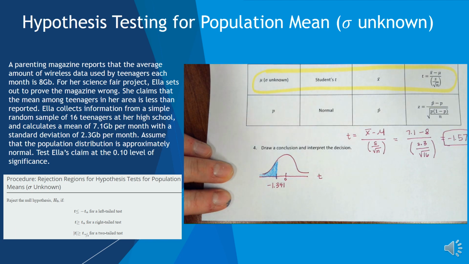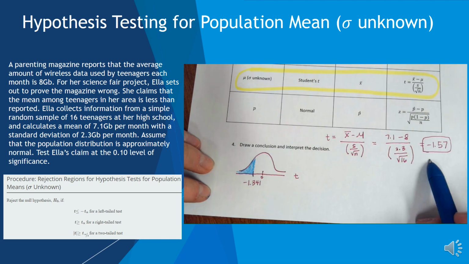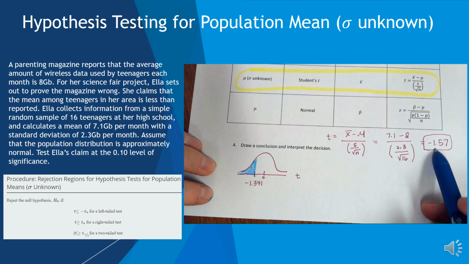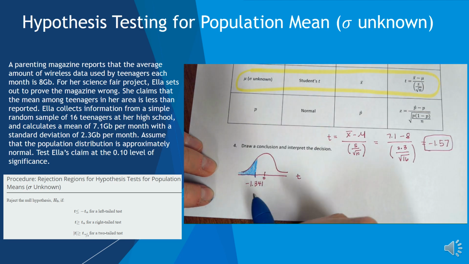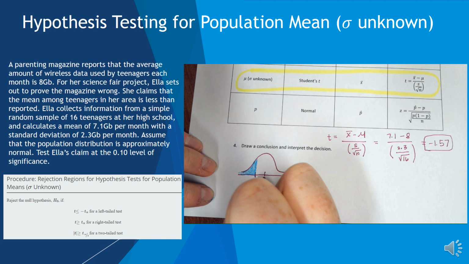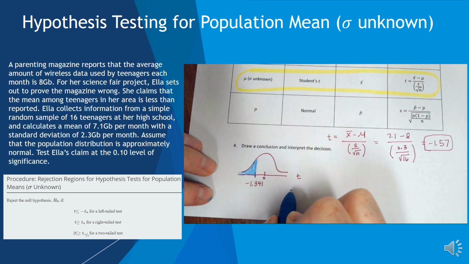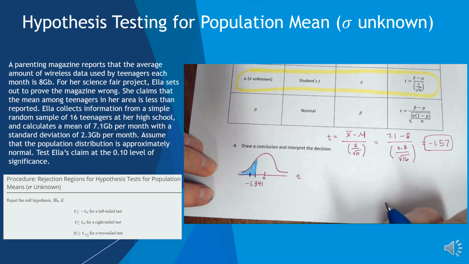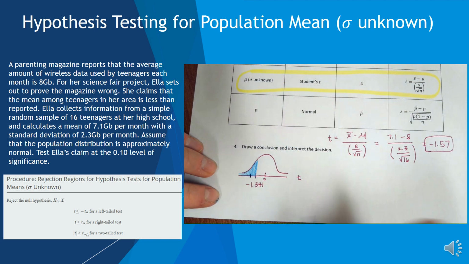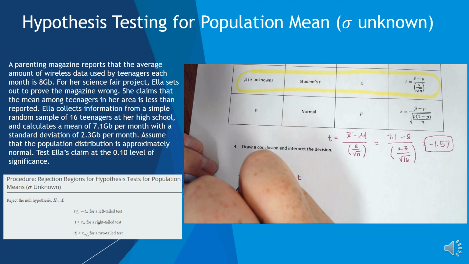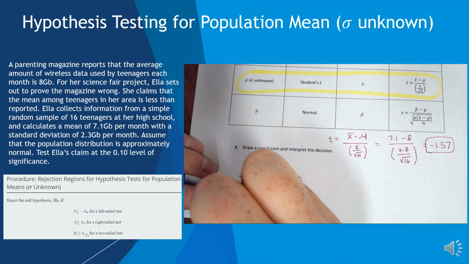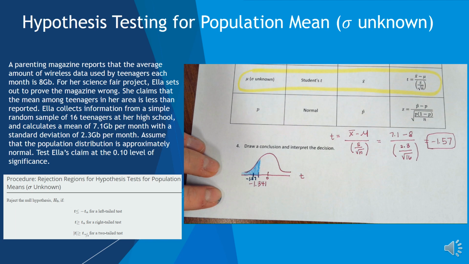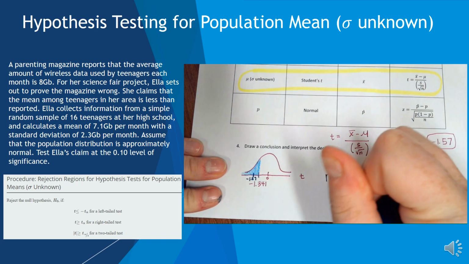If our test statistic is negative 1.57, does it fall in the rejection region? It does, because if we were to plot this value on this student's t-distribution, it would be around here or so, not very far from our critical t-value. So since it is in the rejection region, we are going to reject H0.